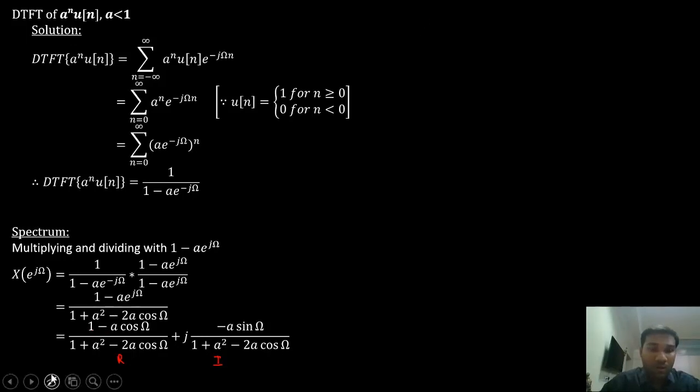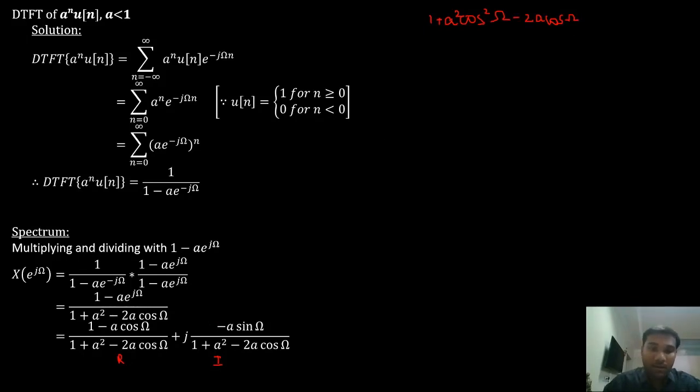The numerator square, 1 minus a cos omega whole square, right? That is 1 plus a square cos square omega minus 2a cos omega, right?